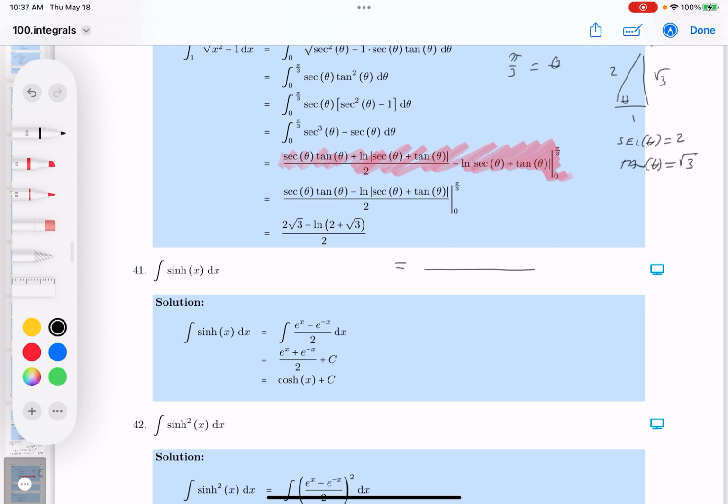I'm going to do the upper limit. And what do you get there? Let's take a look. You're going to get 2 root 3. I just did that. And then you're going to get this over here.